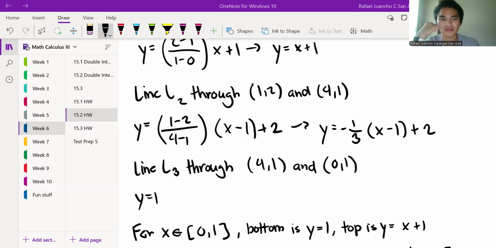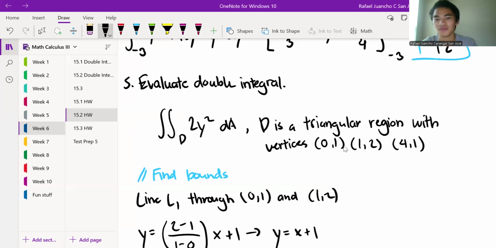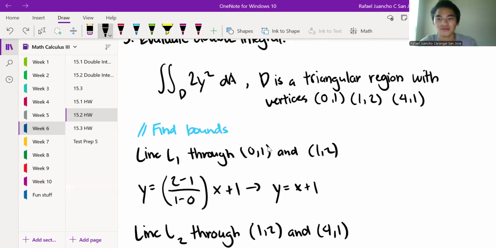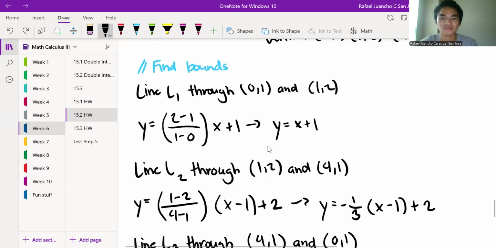Let me just integrate with respect to x first and then y, because I feel like that might be easier. So the y limits would be y equals 1 to 2. How do we know it's from 1 to 2 of y? I have a couple of things here. So it goes from 1 to 2. That's the y limit. And so my x limit is something else. So I make this x equals y minus 1.